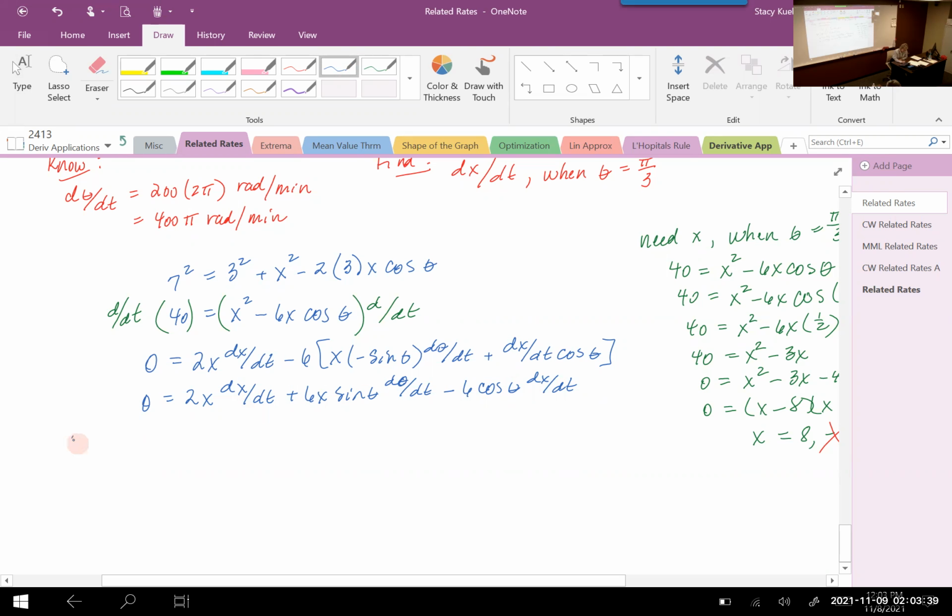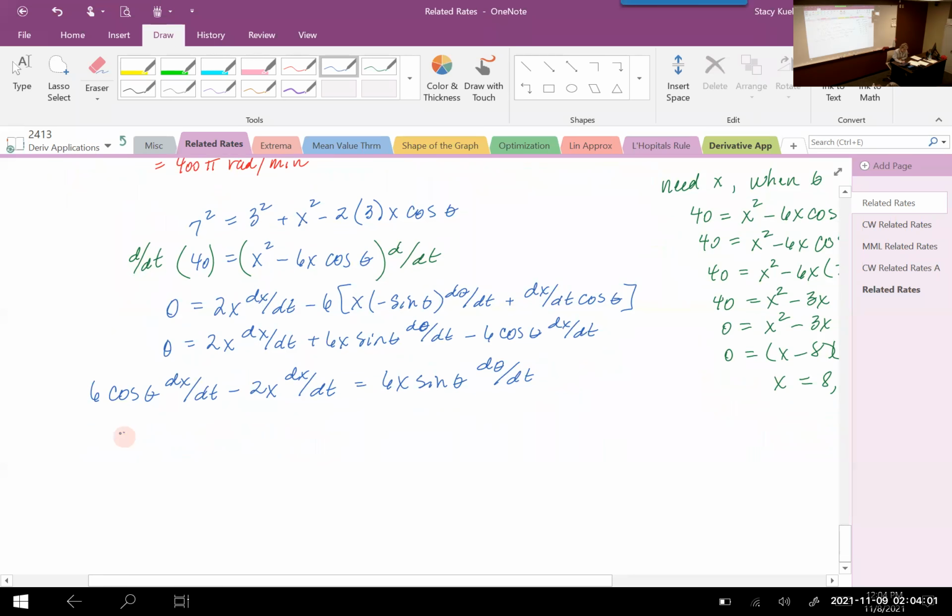So I'm going to have a positive 6 cosine theta dx/dt minus 2x dx/dt is equal to 6x sine theta d theta/dt. Factor dx/dt out, I'm left with 6 cosine theta minus 2x is equal to the right.